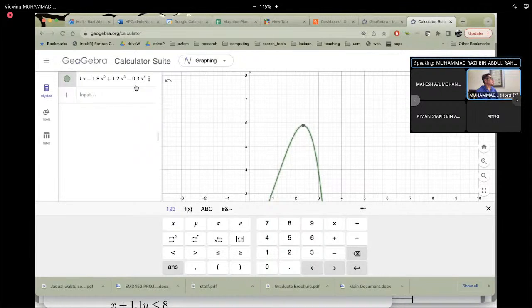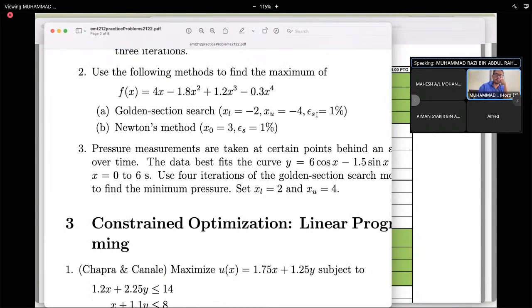Maximum. I was going to tell you that this epsilon s here is the relative accuracy.